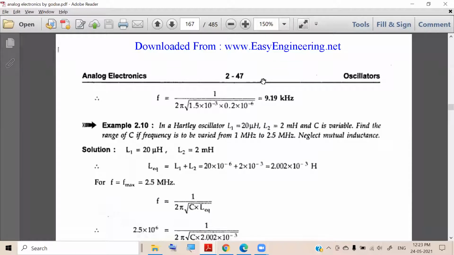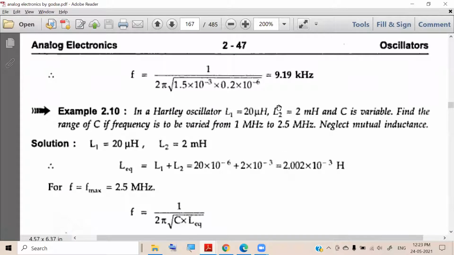So in the previous class, we were solving this problem. What is the problem? Question: L1 is given, L2 is given, and they are saying C is variable. Value of C is variable means it has a range.